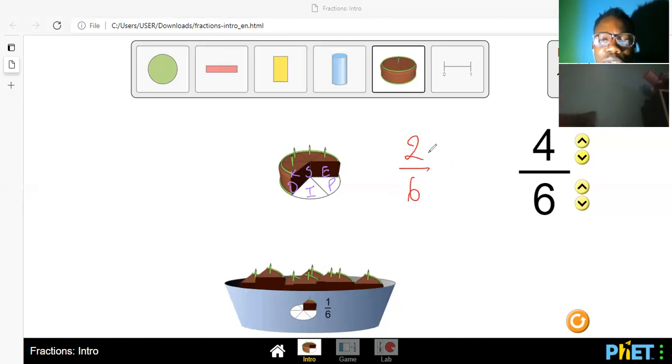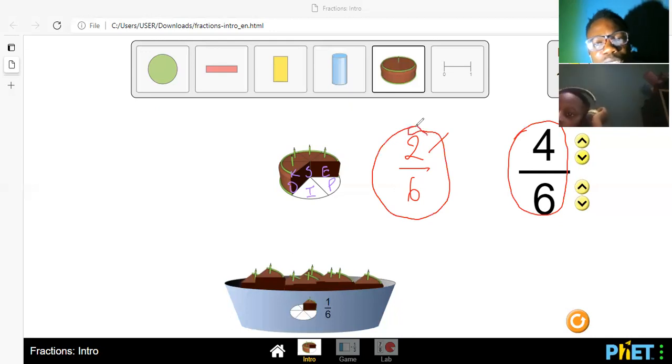So if they ask you, what is the fraction of students that we did not give cake, you will say it is 2 over 6. But if they ask you, what is the fraction of students that we gave cake, you will say it is 4 over 6. Now let me ask you again. Is this 2 over 6 proper or improper fraction?